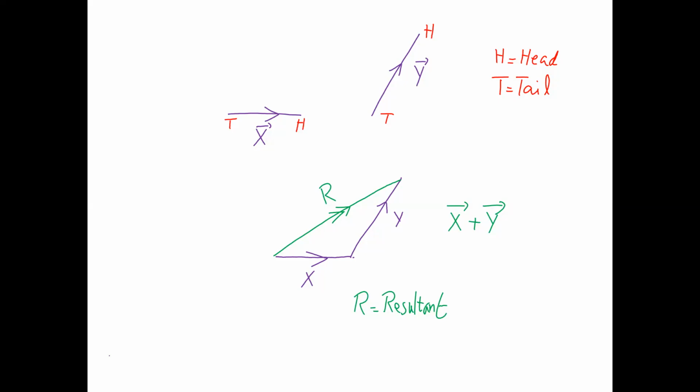And what was the way to identify the resultant? When you are adding the vectors, they are always head to tail, but the resultant vector is always head to head. So this was our O-level memory, in O-level physics and O-level maths, that vectors can be added head to tail.